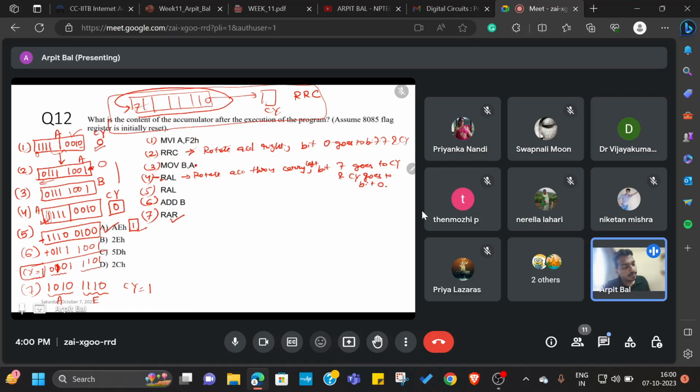In the final step, we perform RAR, that is analogous to RAL, but instead of moving to the left, we shift the accumulator content to the right. So finally we obtain 1010 1110 as the answer. So 1010 is A and 1110 is E. So our answer is AEH.